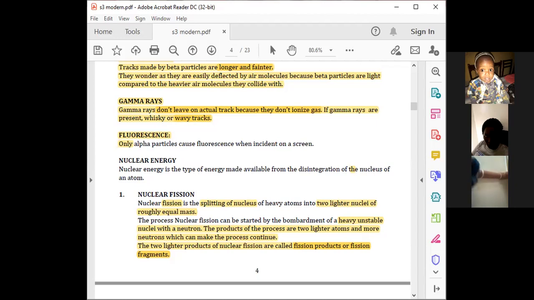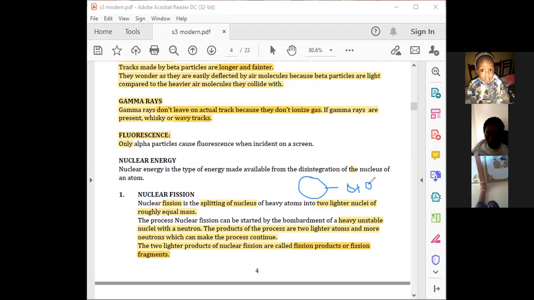I'm going to draw something small. I have an atom which is big, but this atom is going to split into two. This is what we call nuclear fission.